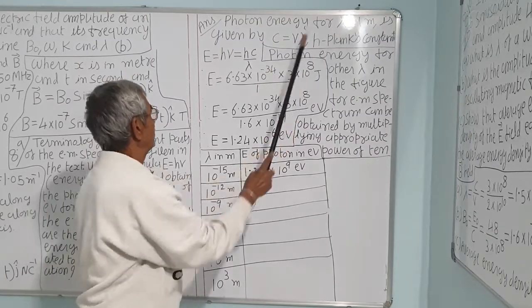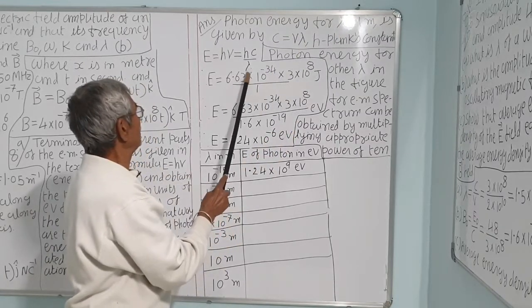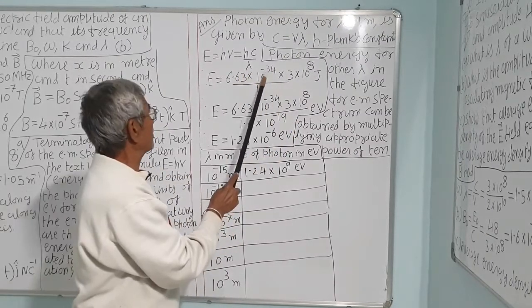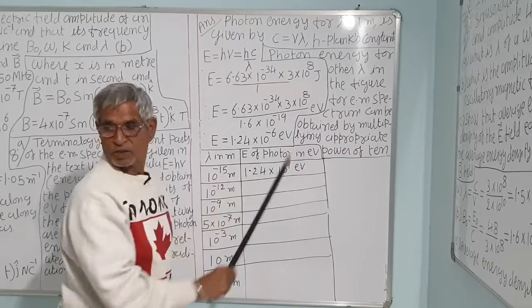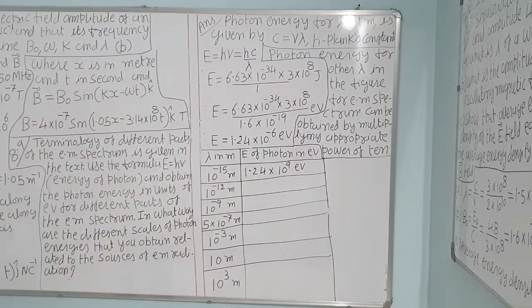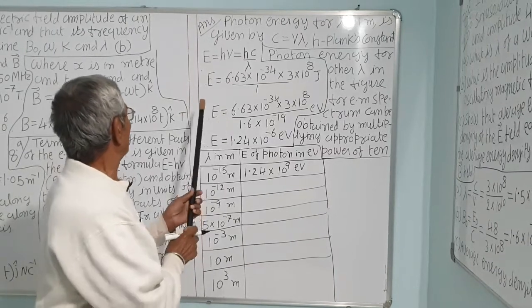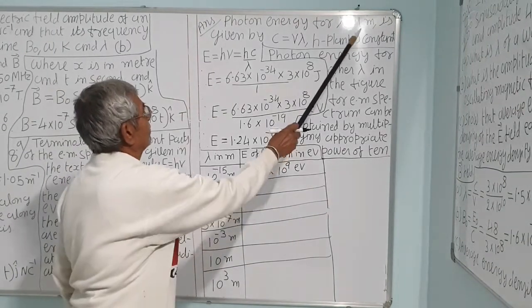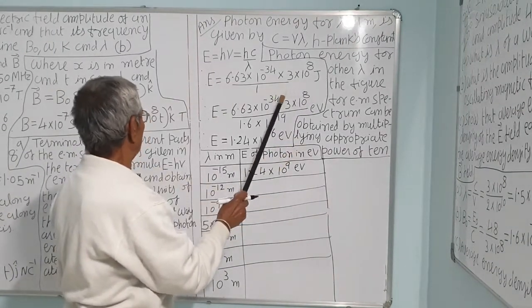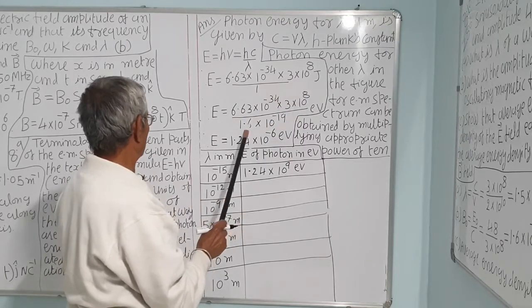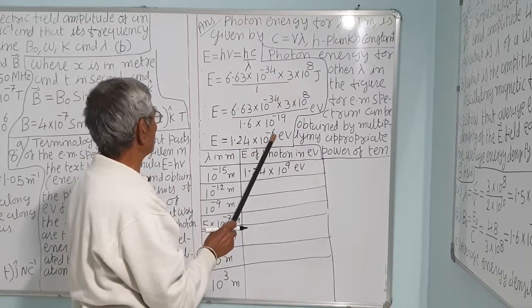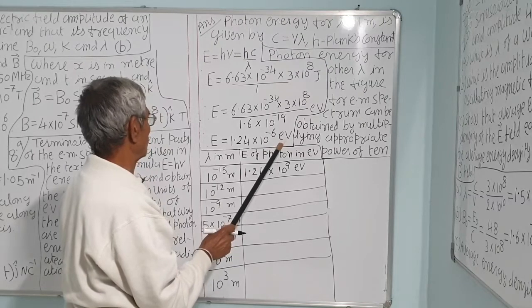We have selected 1 meter. So 6.63 into 10 raised to power minus 34 into 3 into 10 raised to 8. So the energy of the photon of wavelength 1 meter, we calculate this, is 1.24 into 10 raised to minus 6 electron volt, correct.